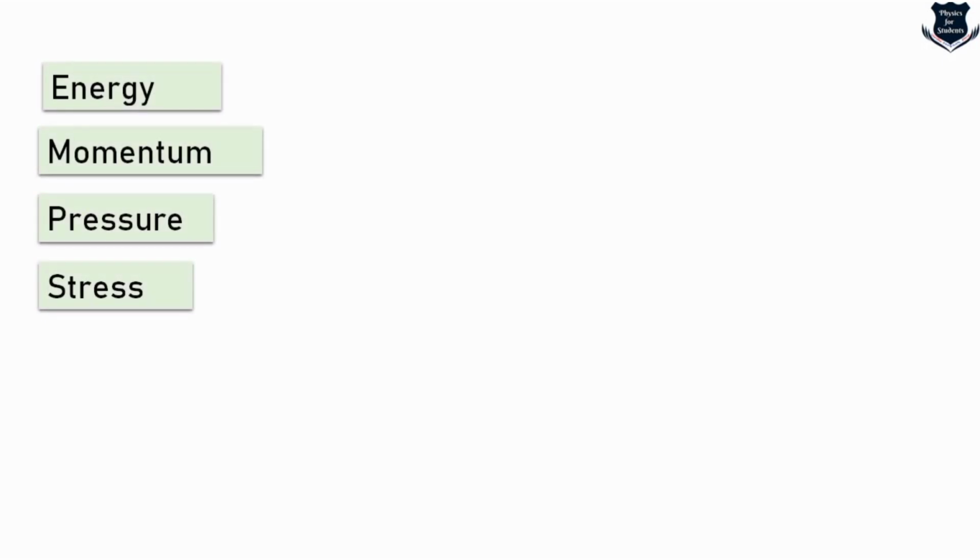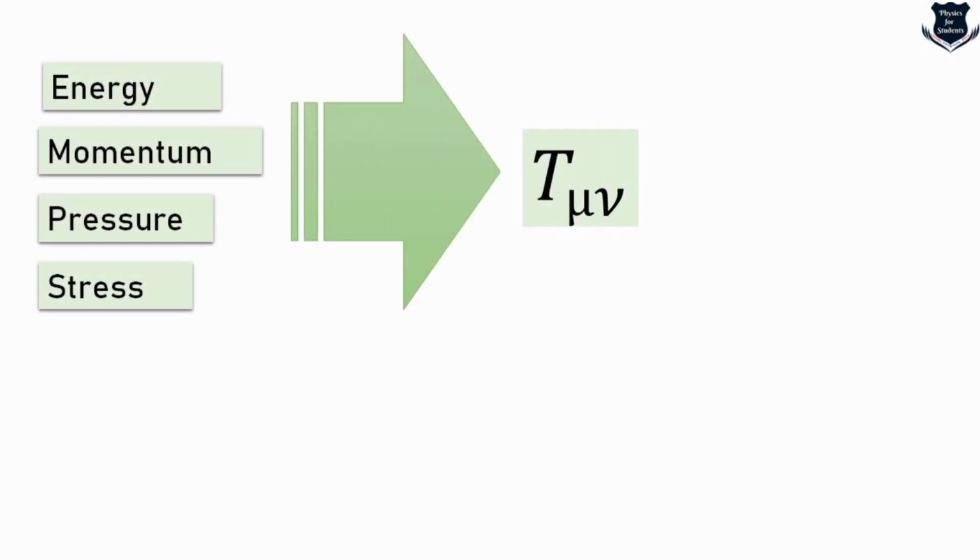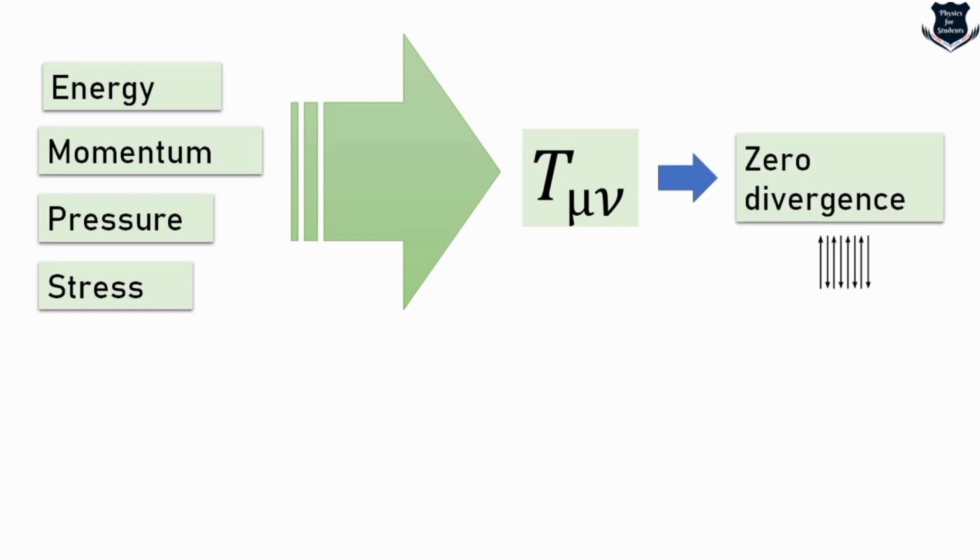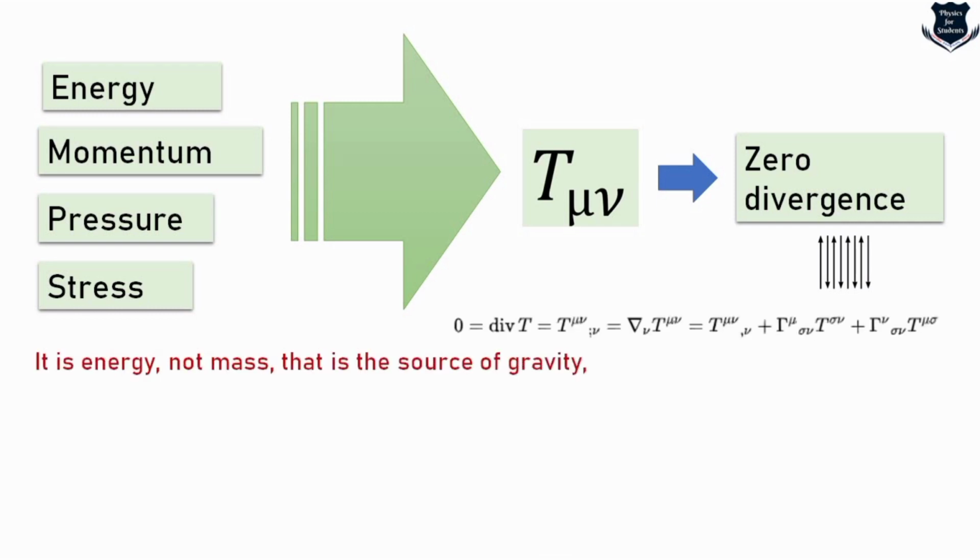Okay, so energy, momentum, pressure and stress comprise T mu nu, which is the stress energy momentum tensor. Remember that this T mu nu has zero divergence. So what do we mean by zero divergence? You can just skip over this equation; I will explain it later.